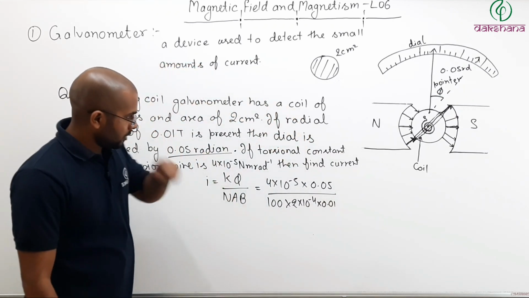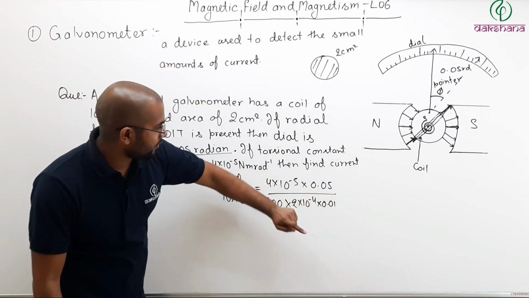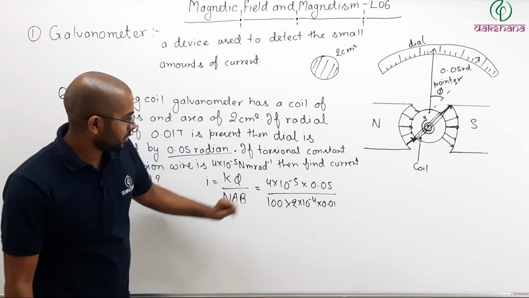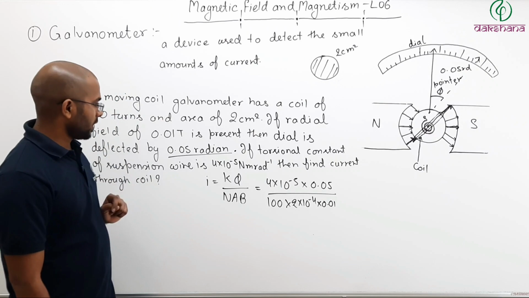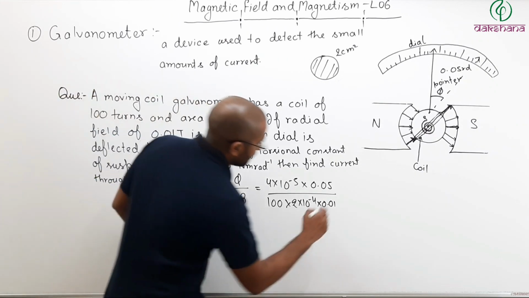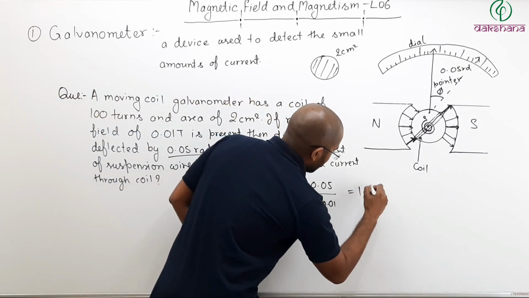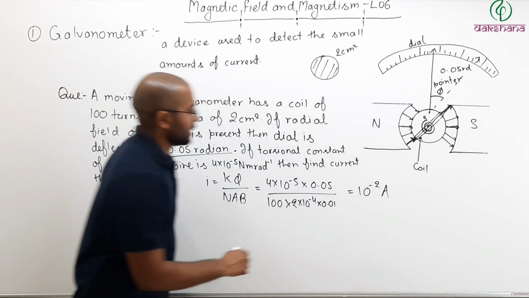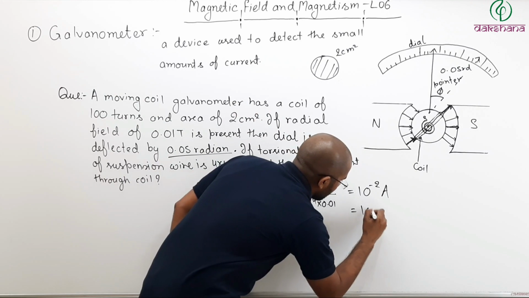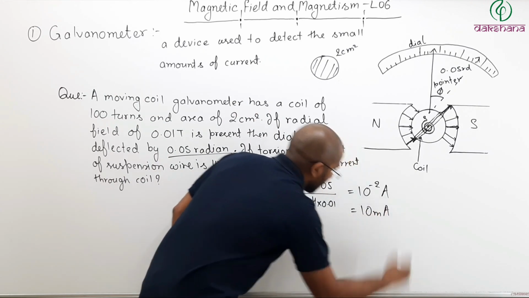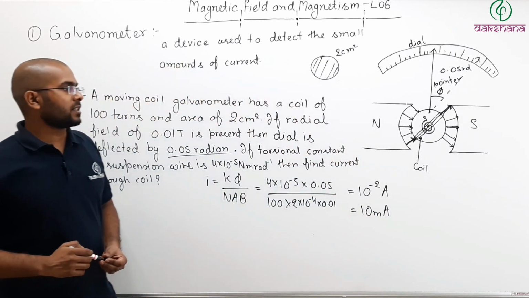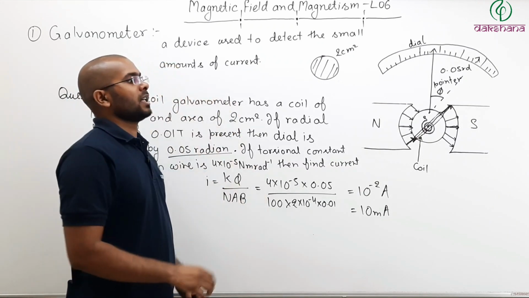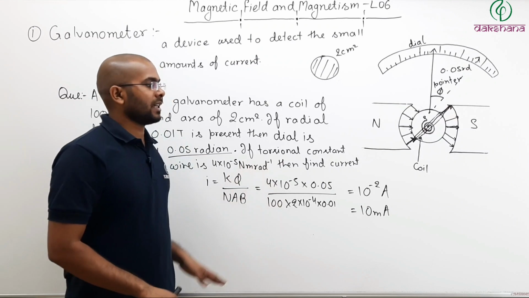So 0.01, 0.05. 5 times 4 is 20. So this will come out to be how much? 10 to the power minus 2 ampere. Or you can also write it as 10 milliampere. So in this case, the current through your galvanometer coil is 10 milliampere.